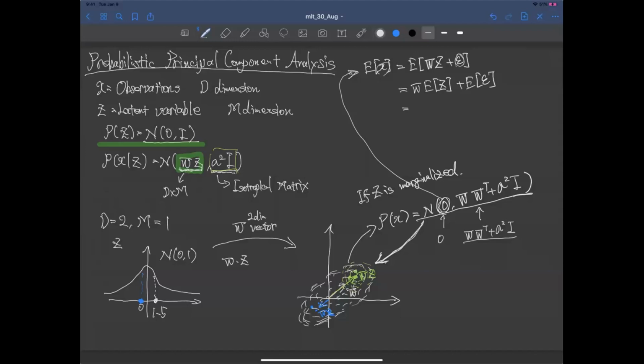That's why 0 plus 0 equals 0. The expectation of Z is 0, as described here.